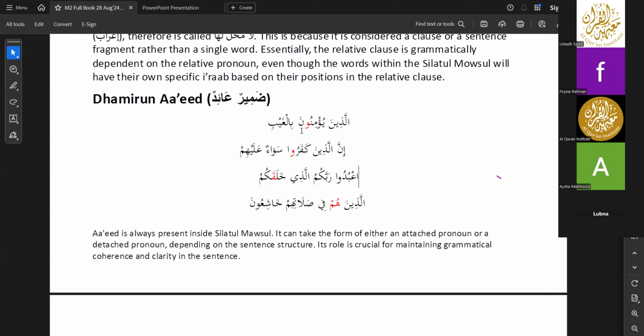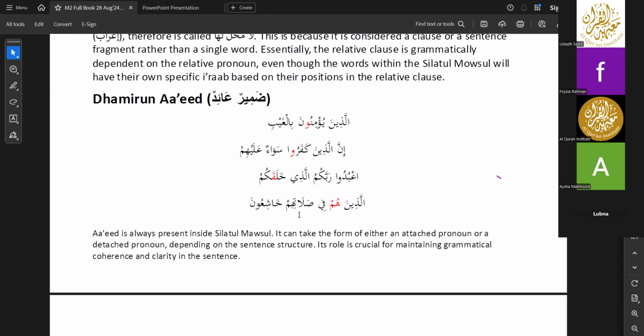So from now on, when you see Ismul Mawsul somewhere, there will be Silatul Mawsul, and within it you will see a similar situation. There is a hidden, detached pronoun. Yu'minun. Kafaru, allazina kafaru. And that will match the number and gender. Allazina yu'minuna: the pronoun and allazina match, plural, plural, male, male.